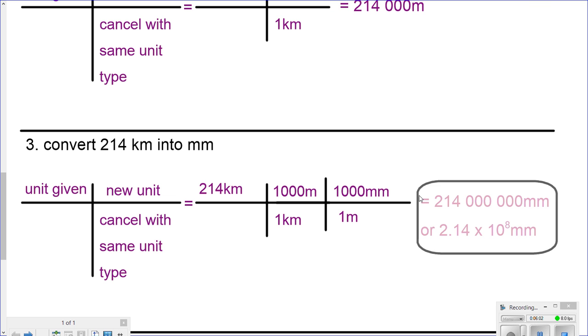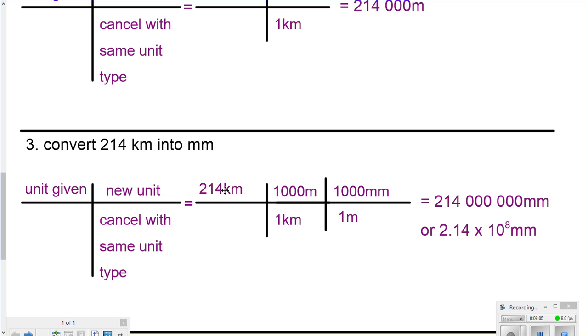When I plug that in, I end up with 214 times 1,000 times 1,000 divided by 1 times 1, which gives me this huge number, 214 million millimeters, or if I want this in scientific notation, it is 2.14 times 10 to the 8 millimeters.